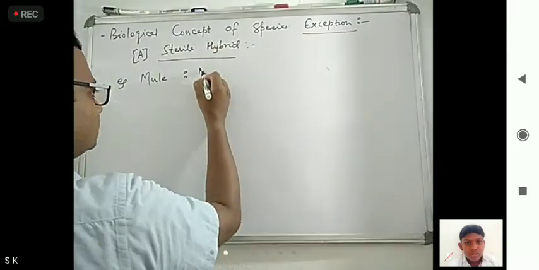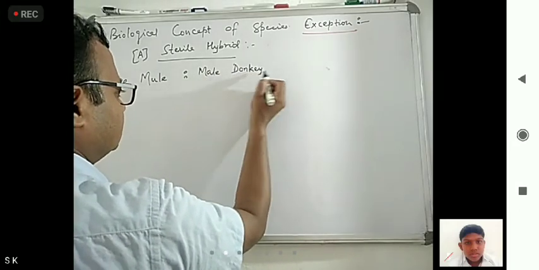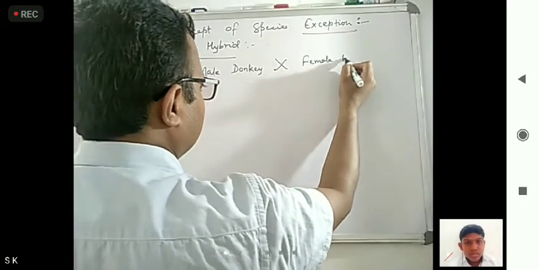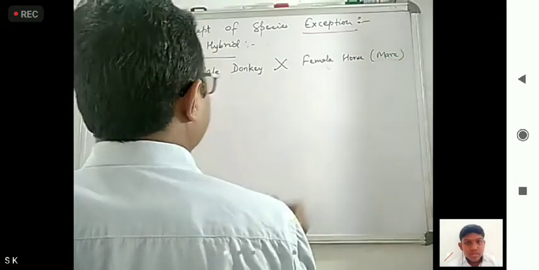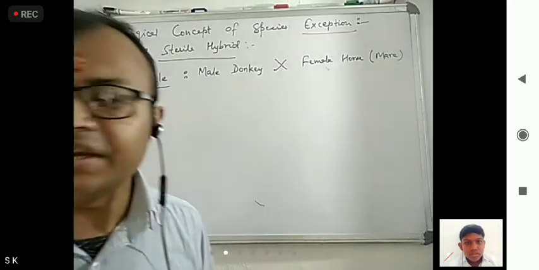So a male donkey crosses with a female horse. The female horse is also known as a mare. So this is the mule. Next is hinny.